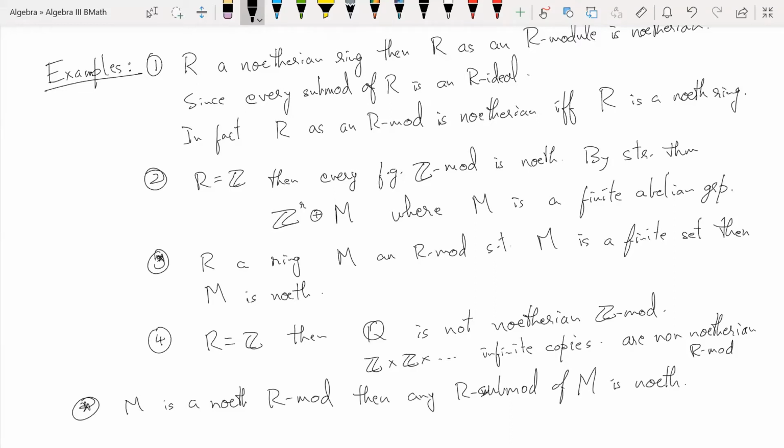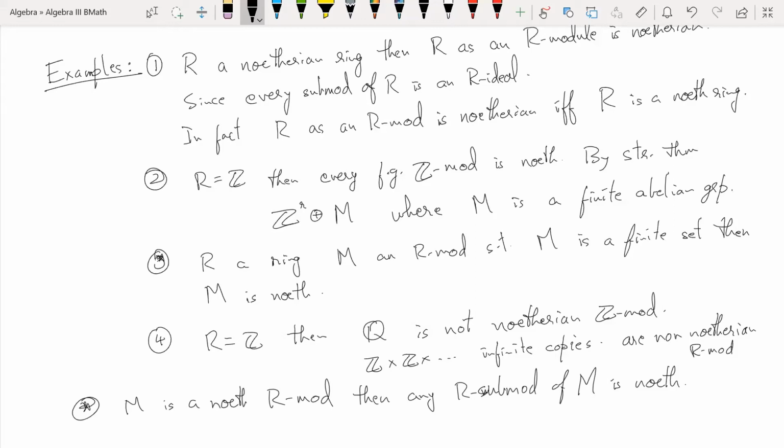For an R-module to be Noetherian, it better be finitely generated, because you want every submodule to be finitely generated. In particular, the module itself should be finitely generated. But a finitely generated R-module may have submodules which are not finitely generated. So being finitely generated is not as nice as being Noetherian.